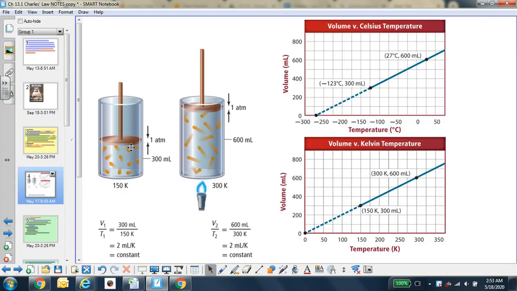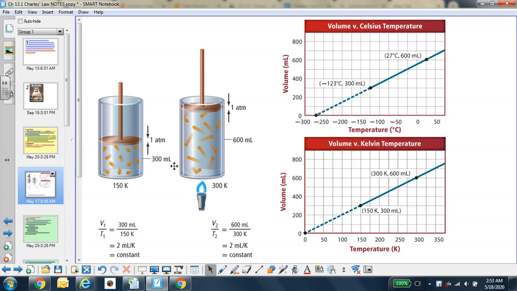So here we have two little scenarios. We have a piston pushing down on our gas particles that are in this cylinder, and it's just atmospheric pressure, 1 atmosphere of pressure. And look at the volume, 300 milliliters, and the temperature is 150 Kelvin. So in that same cylinder, if we heat up the gas to 300 Kelvin, the volume is going to double.